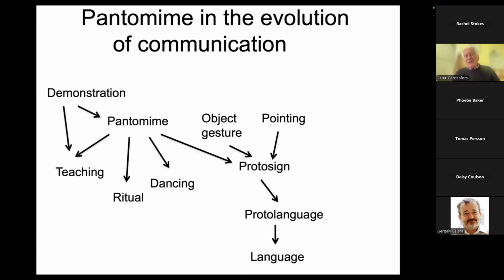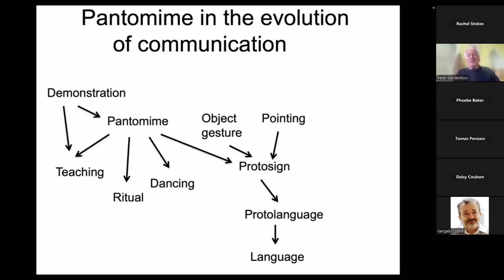I mean, in very many cultures, people are miming in different ways in their dancing. You're adding a rhythmic pattern, and you're adding maybe social aspects of the pantomiming, several people doing things together. But basically, I think that pantomime had also an important influence on the evolution of dancing.